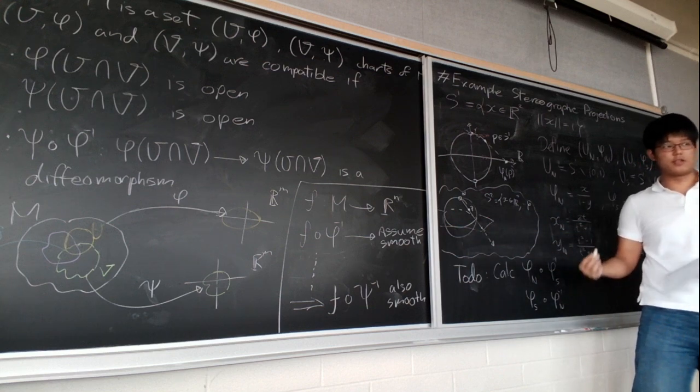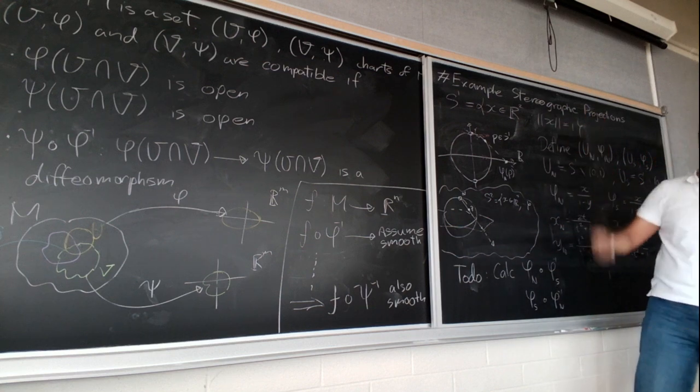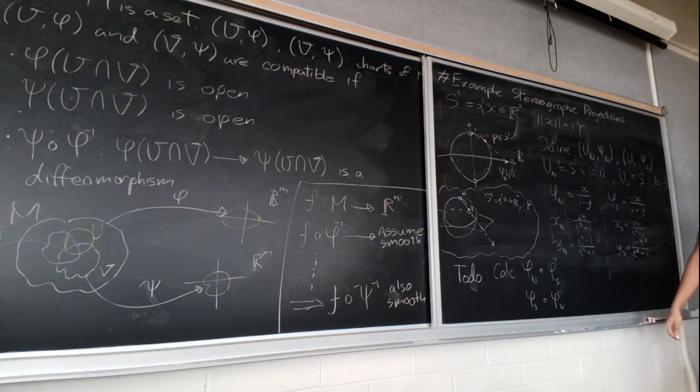It's the exact same thing as before, but with the plane. In fact, you can do this for a sphere in any dimension. You'll always have a north chart and a south chart, and it's always exactly the same.